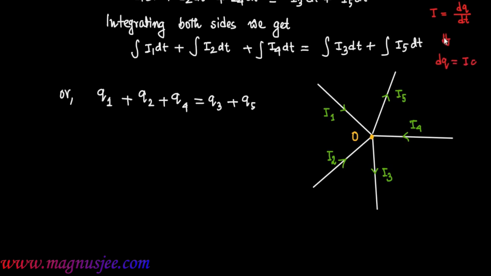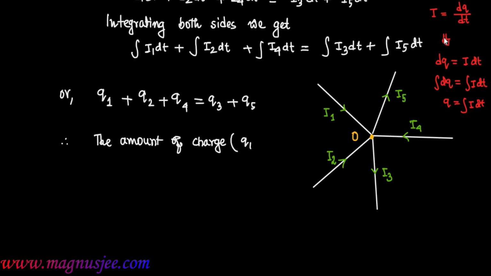Here the current I is dq by dt, that is the rate of flow of charge, therefore dq equals I dt, therefore integration dq equals integration I dt, so the charge q is equal to integration I dt. That means charge is equal to the integration of current over a small interval of time.